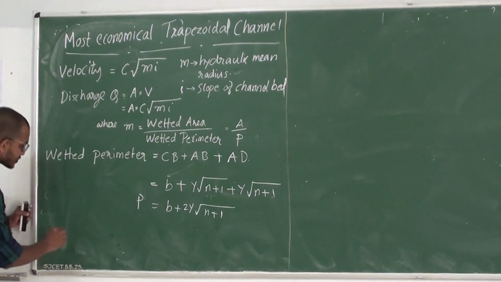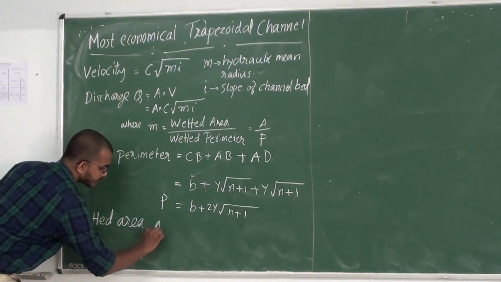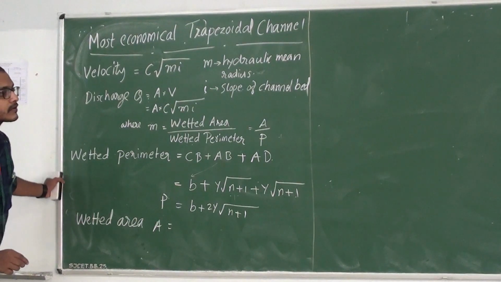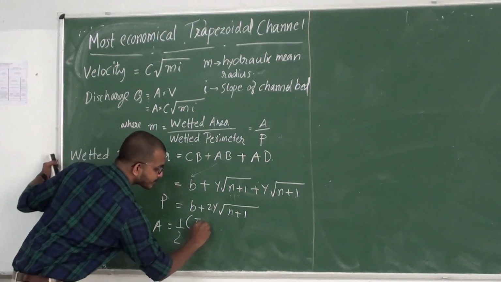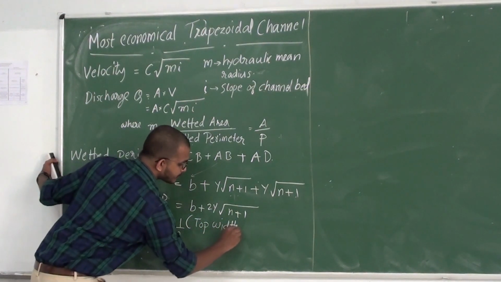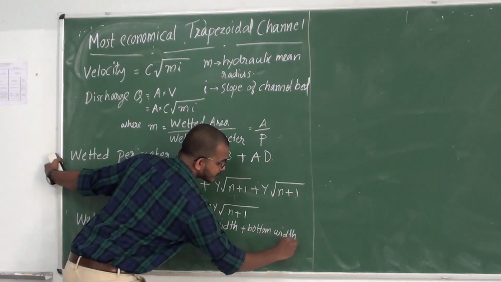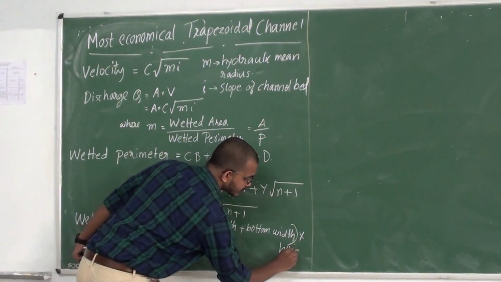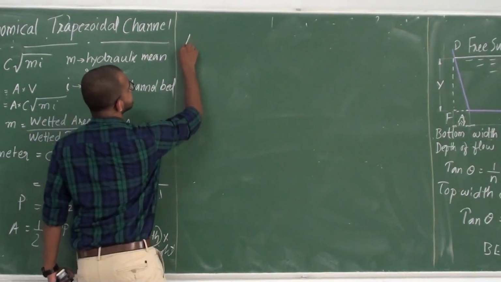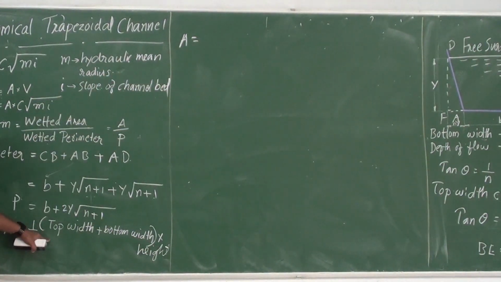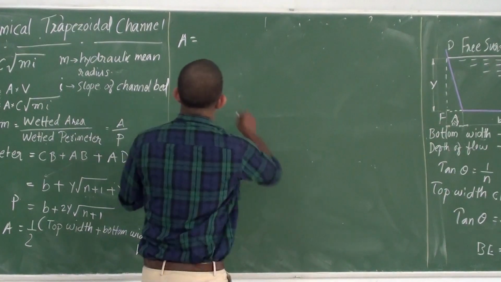Then wetted area A is equal to, we know the equation for area of a trapezoid, that is half of top width plus bottom width into height. So area A is equal to top width. Top width we have already found, that is B plus 2NY.